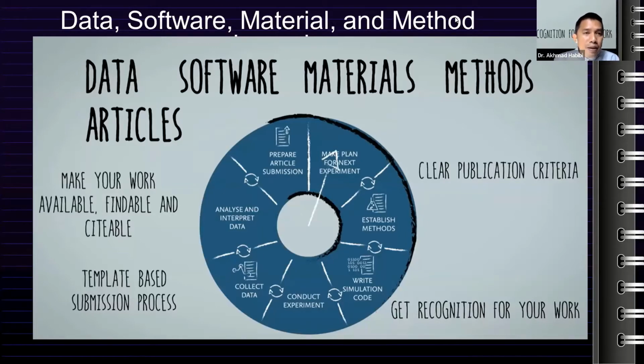We can publish data. If you build a software, we can publish the software. If you build materials, we can publish the materials. If you have a unique method, we can publish the method like that.